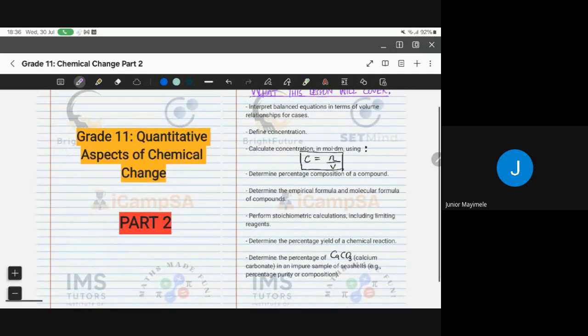Now, let's start with the first point, this one. So, I want to be able to interpret balanced equations in terms of volume relationships for gases. I don't know why I said cases here. It's gases.